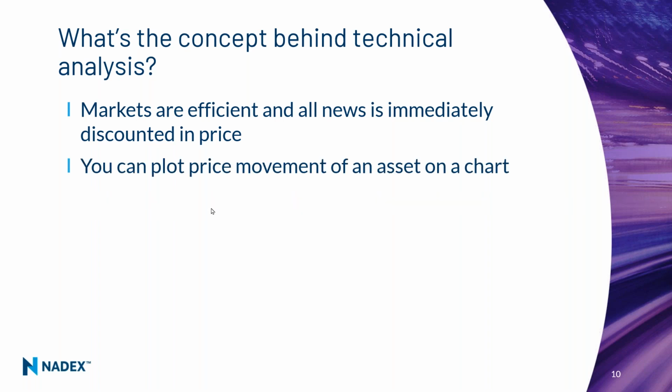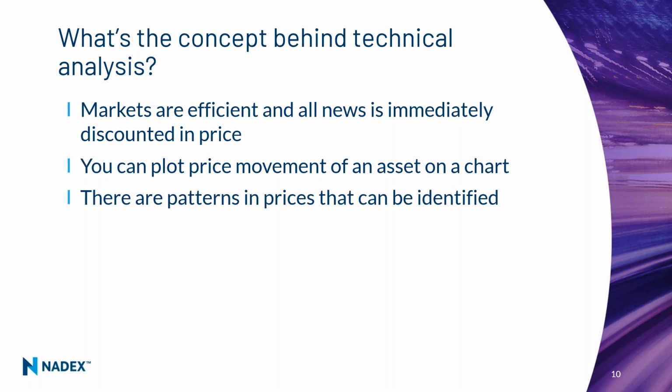Now, if that's true, you can take the price of a stock or of an asset and you can put it on a chart. You could put a dot on a chart and say, at this time, this was the price. And then you could plot over time the movement of price on a chart, and patterns would begin to form. All right, and that's what Dow put forth.